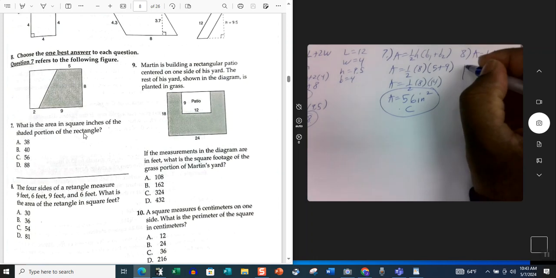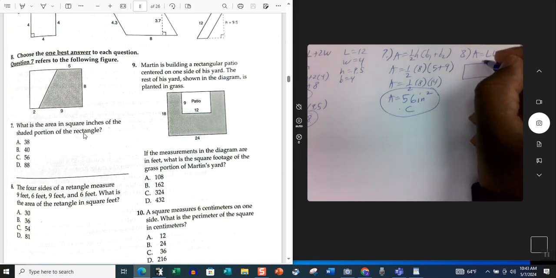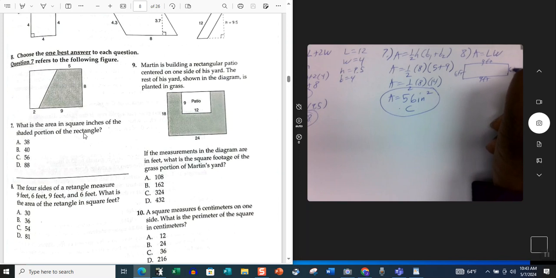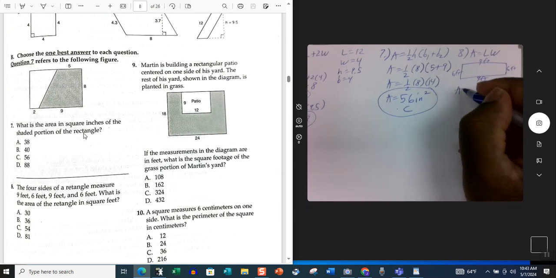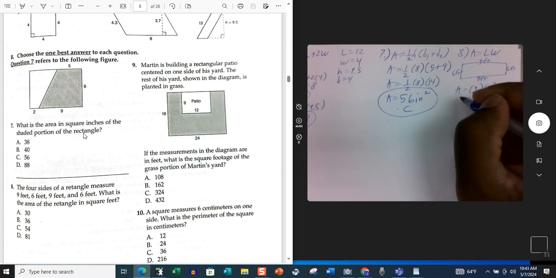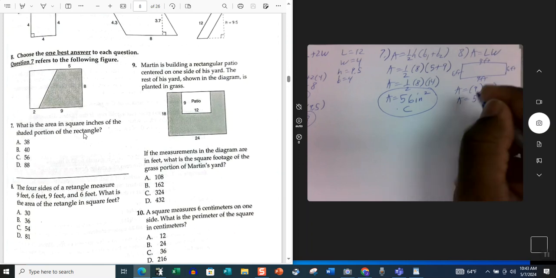So just to give a visual representation, we know this would be 9 feet, 9 feet, 6 feet, 6 feet. So we know the length would be 9 and the width would be 6. So the area would be 54 square feet, which would be C.